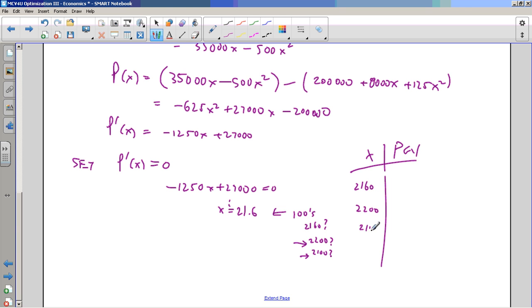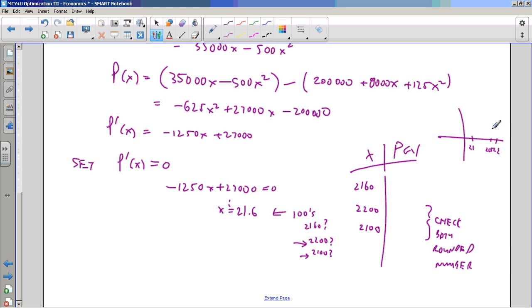I should stick to this one and this one, but that's probably the maximum, or even with another decimal near, round to the nearest stove. But should I automatically say that this is closer because this number is closer to this? No, I need to check both of these for the maximum profit, both rounded numbers. Why isn't it just the closest one? Well, you never know. The function could do something very strange. If this is 21 and this is 22, the maximum happens at 21.6.